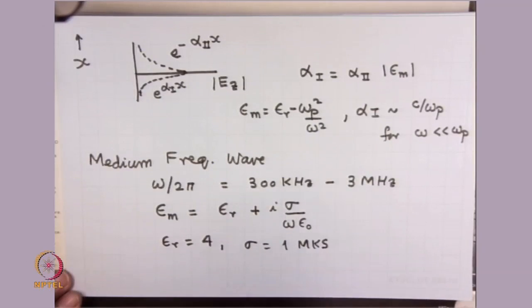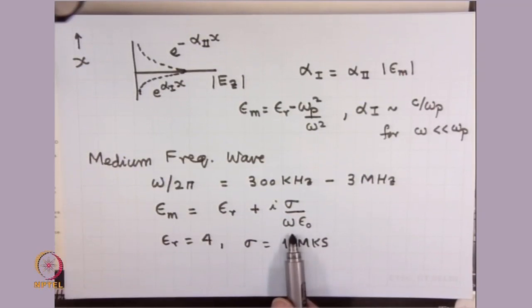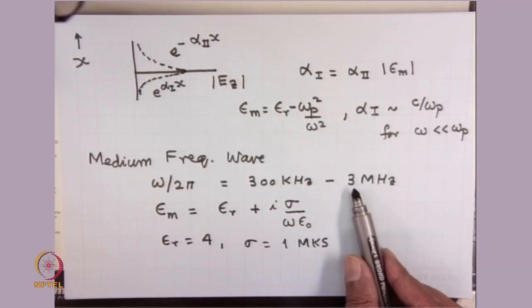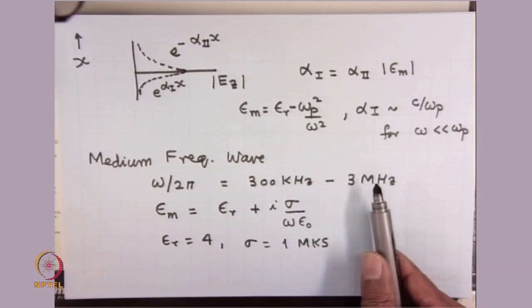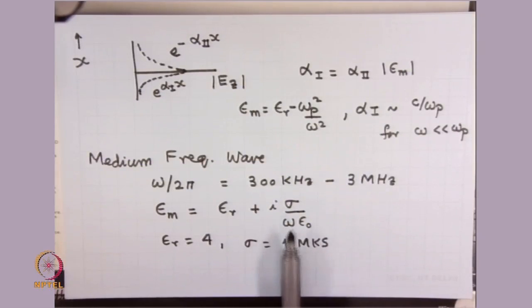For wet soil this can go up to 10, so it varies between 1 and 10, but omega we are talking about 3 into 10 to the power 7, or of the order of 10 to the 7 radian per second. Epsilon 0 is about 10 to minus 11.